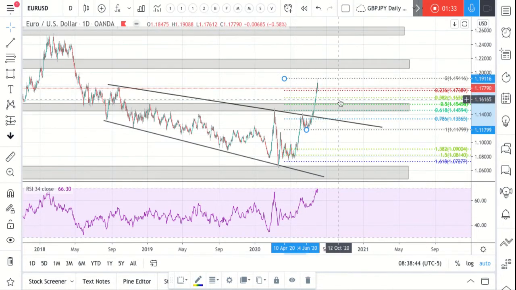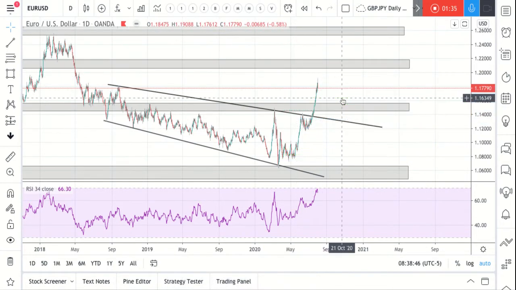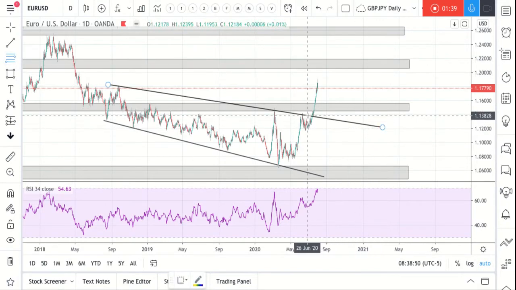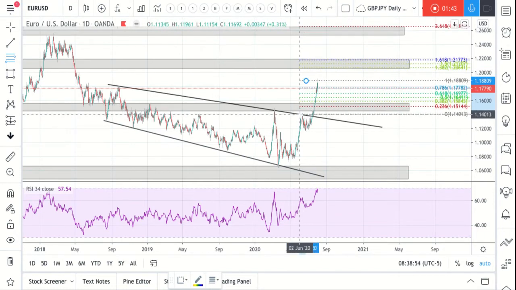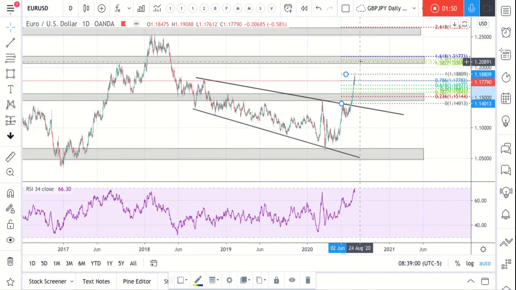If we continue up, kind of some levels to probably look for would be, if we move down, just say we came back to that 0.618 confluence right here, you could start looking for targets in this area.